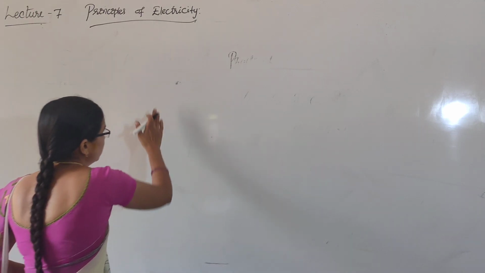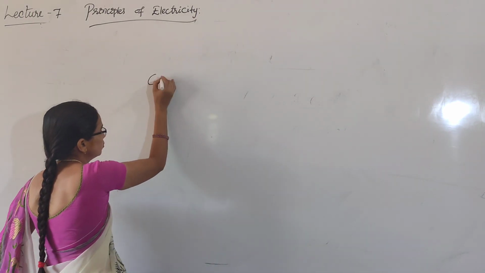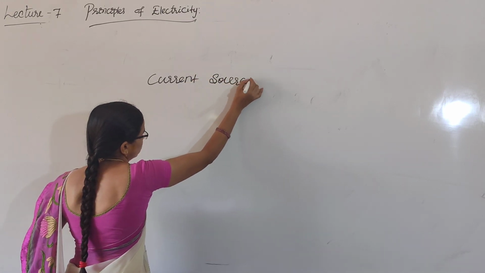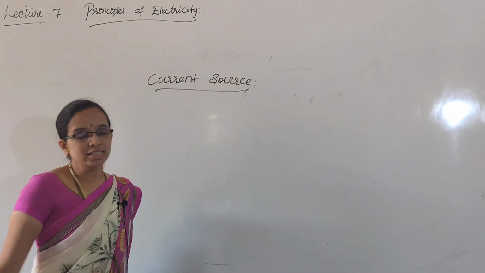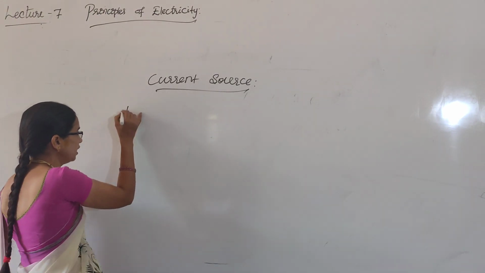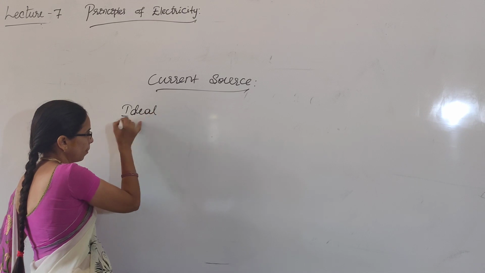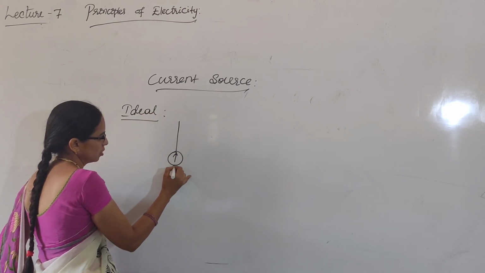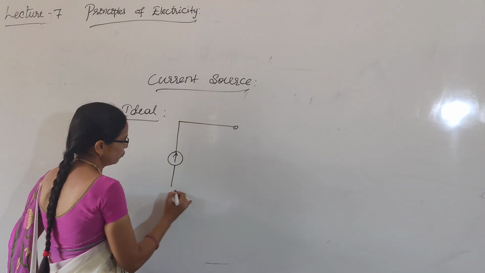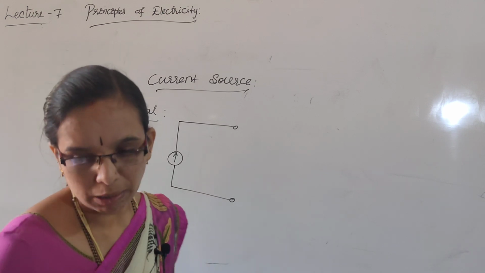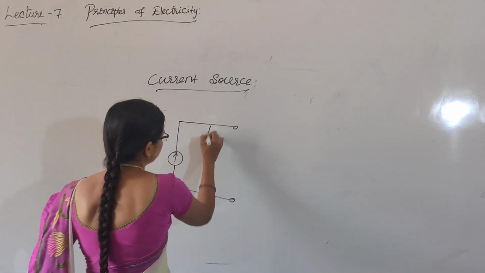Current source. The energy supplied in the form of current means it will be a current source. If it is an ideal current source, this is the symbol of a current source and RS will be infinite here.